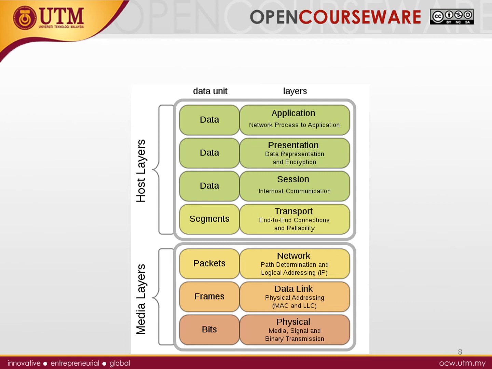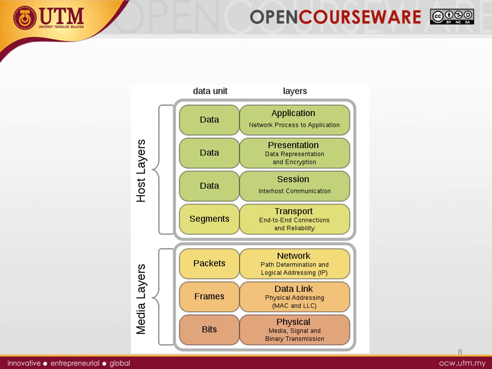And then we have layer 5, which is session. This layer is responsible for establishing and terminating connections between devices. And for the following layer, which is presentation, this layer formats the data in a way that the receiving application can understand it.